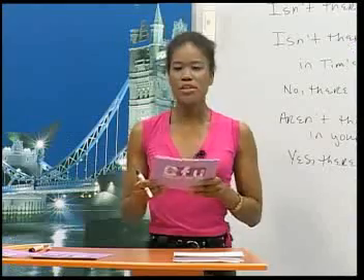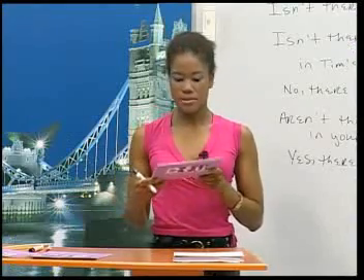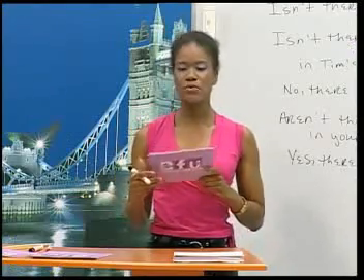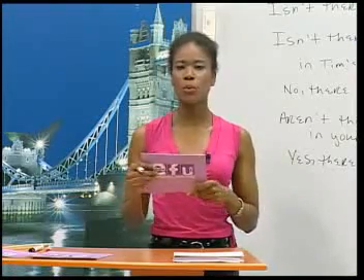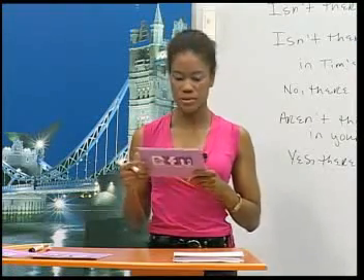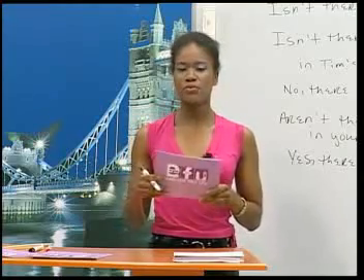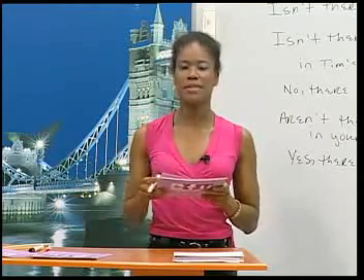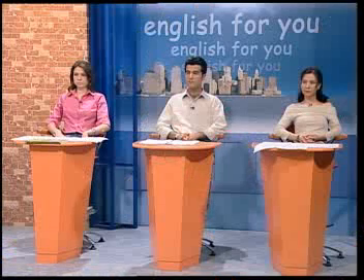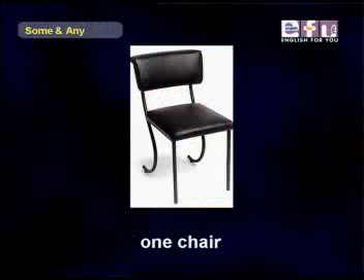Some is usually used in positive sentences. It can be used in front of count or non-count nouns. With count nouns, it is used in front of plural nouns. Okay, let's look at some examples. We have one chair.